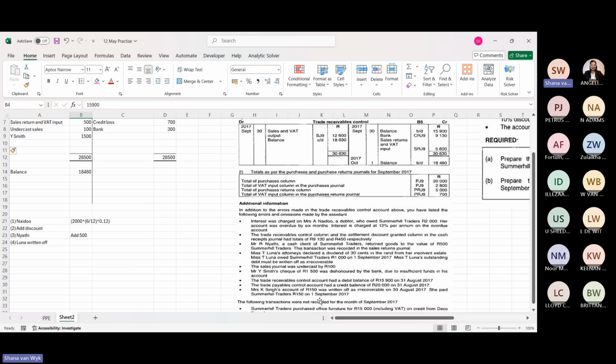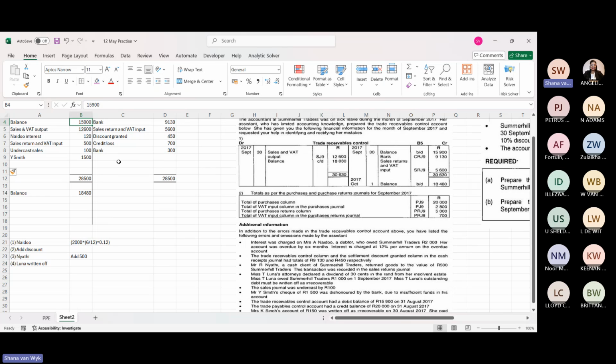This is one more. Singh's account was written off. She paid us on 1 September 2017. So we're just going to make it on the credit side.